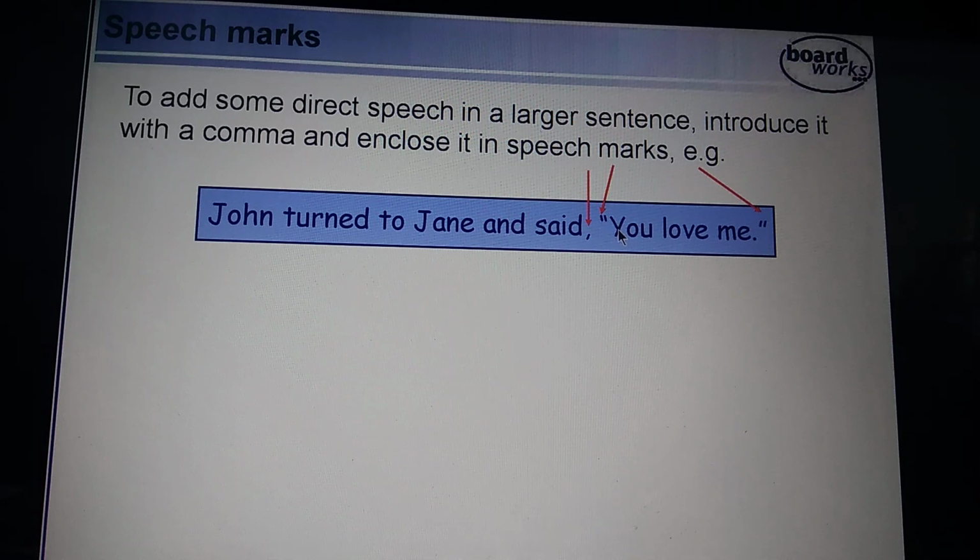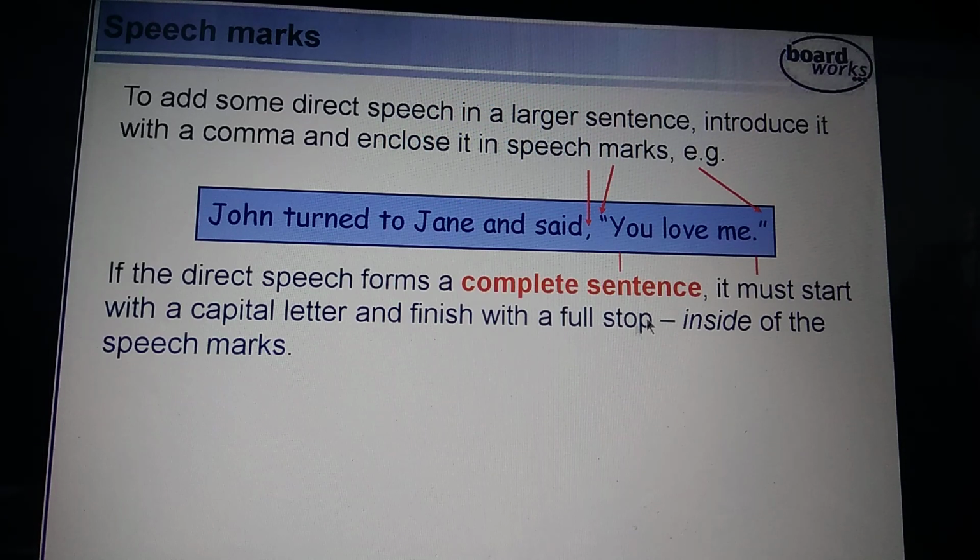I'm using a different type of font in which this is the capital one. Then we use a full stop, exclamation mark, or question mark before we use the closing quotation marks. So first we give the full stop, then the quotation mark ends the sentence.